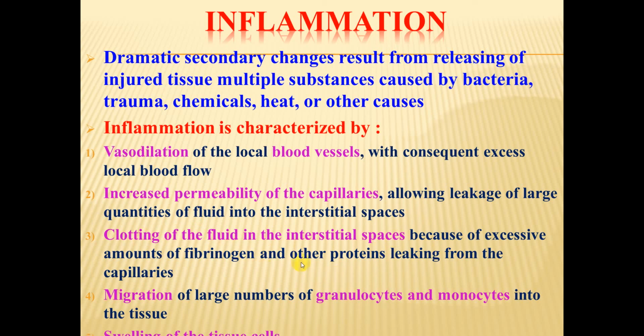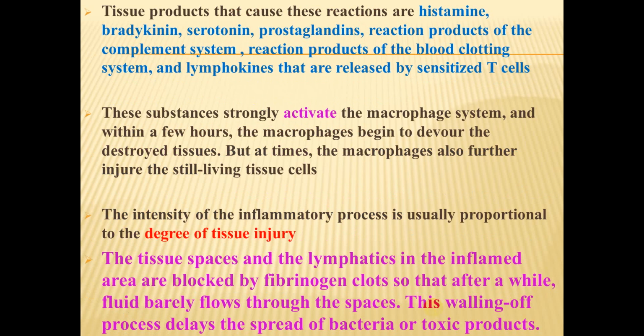The clotting prevents the spread of the foreign body from the capillaries. Inflammation is also characterized by migration of a large number of white blood cells, including granulocytes and monocytes, and by swelling of the inflamed tissues, with pain and also loss of function because of the pain of the inflamed tissues.